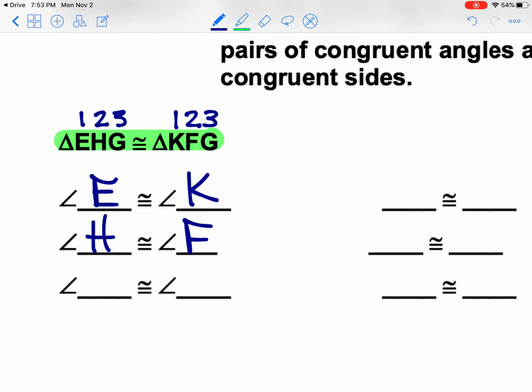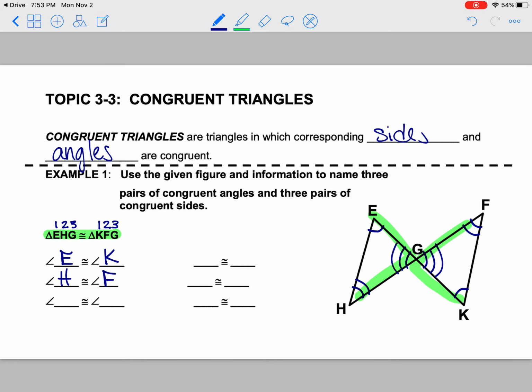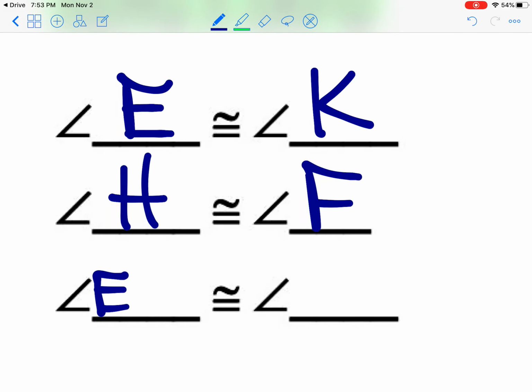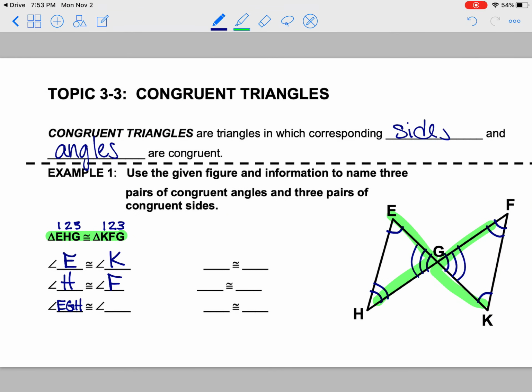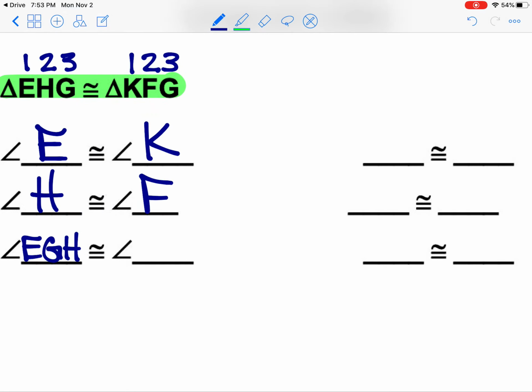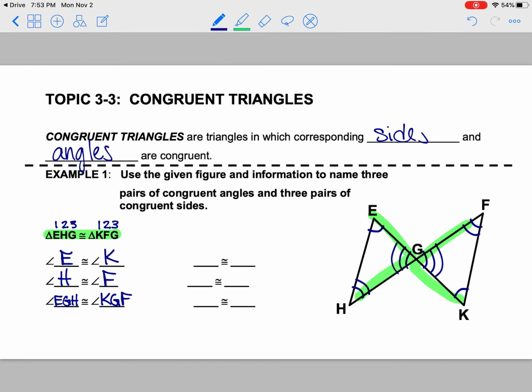If you start with E, you have to start with K because they correspond. Again, the reason we use 3 letters is because there are multiple angles at one letter.